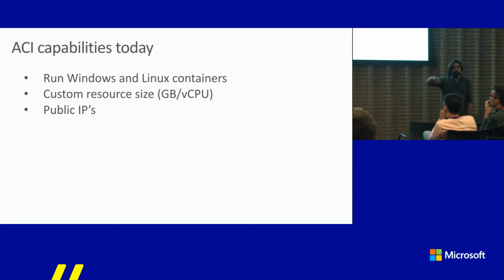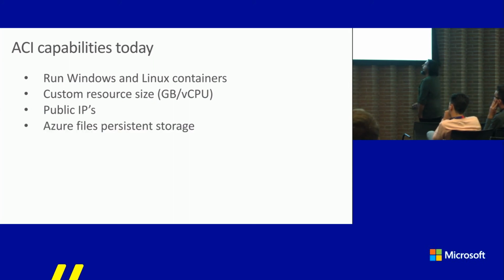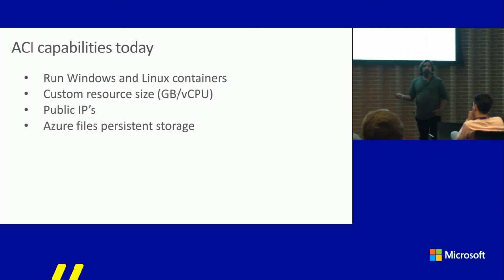You can set your own limits, gigabytes and CPU, right? You can attach a public IP, you can attach Azure Files. You have to pre-create it; you cannot dynamically create it, unfortunately, but maybe one day. So it's a file share in your storage account that can be attached to the running container.